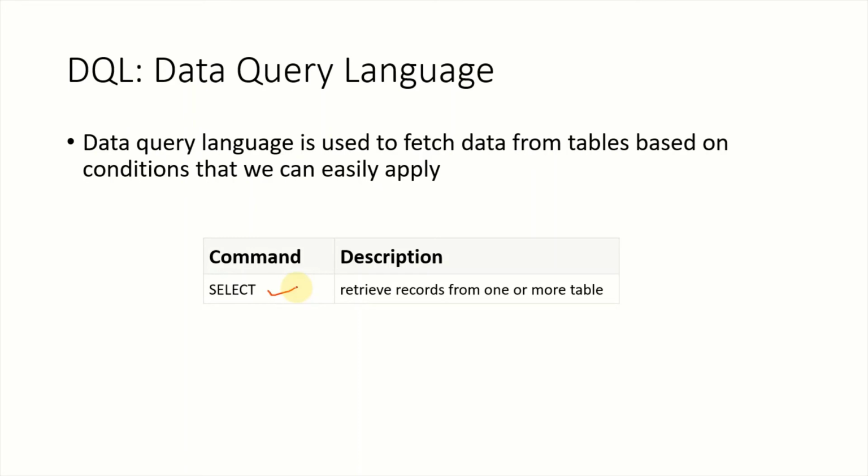Actually, in the select statement we have multiple keywords and multiple clauses which can be combined, and according to those clauses we can get data from tables in different ways, and we can apply different types of conditions so that we may get our desired data from the tables stored in a database.